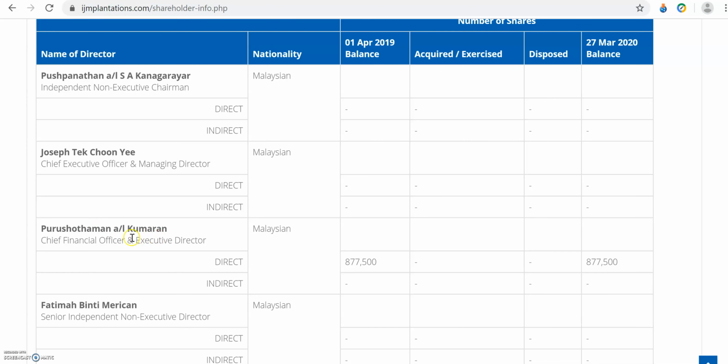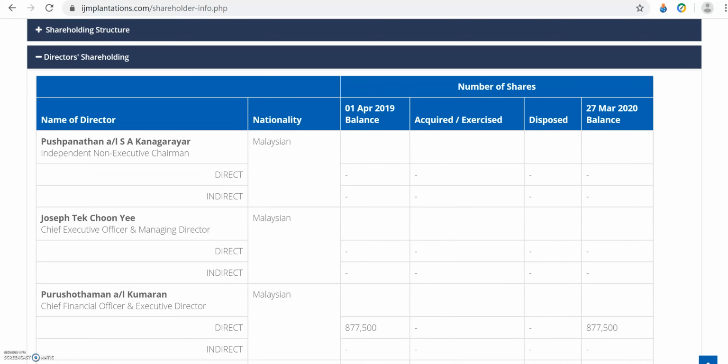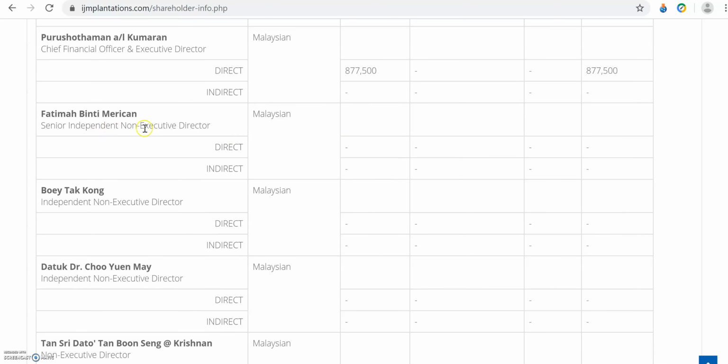Purushottaman, anak lelaki Kumaran. You can see this is the number of shares that he has as of 27 March, very recent. They have 877,500,000 balance of shares. You can see Fatima American as the senior independent executive director.